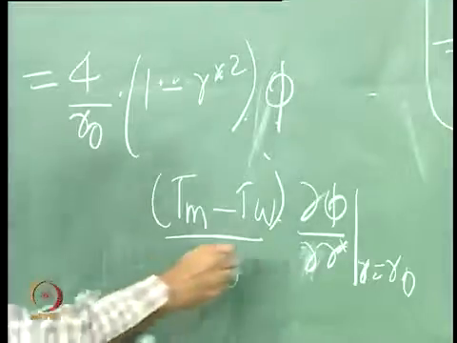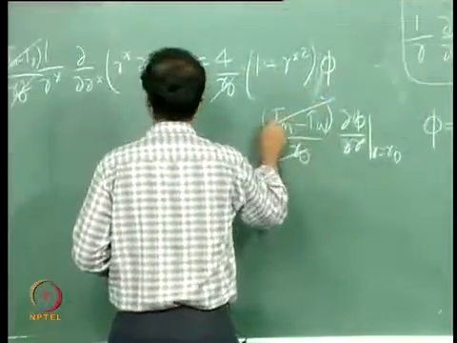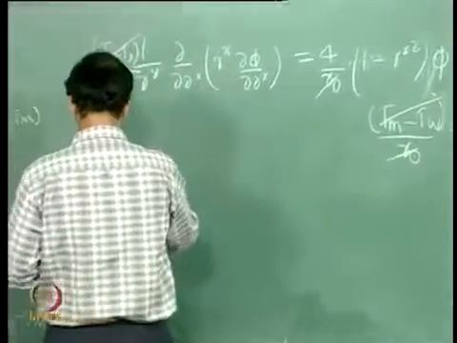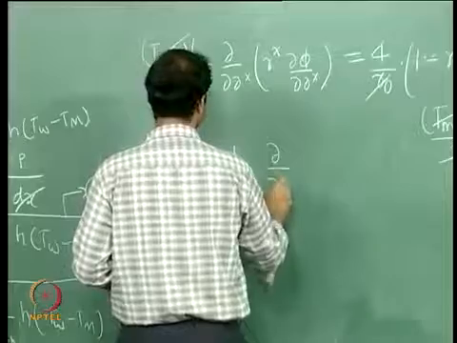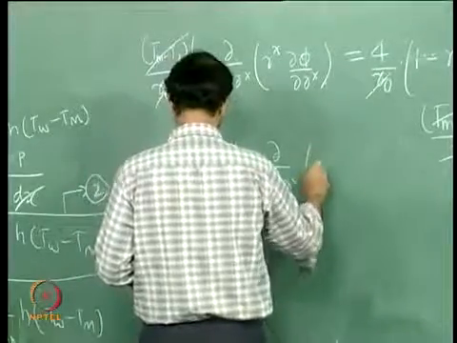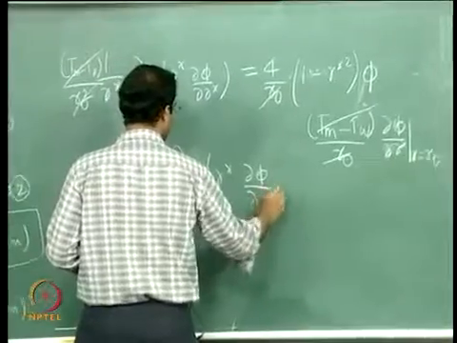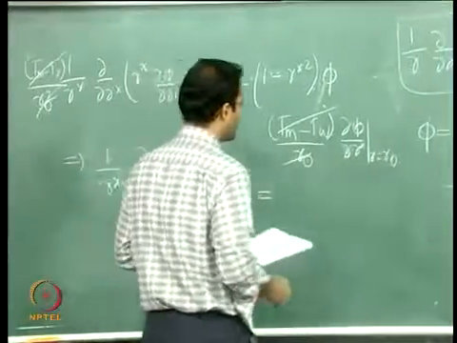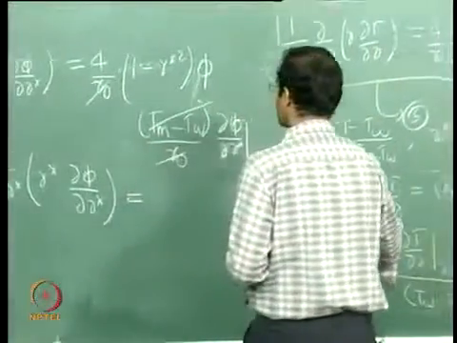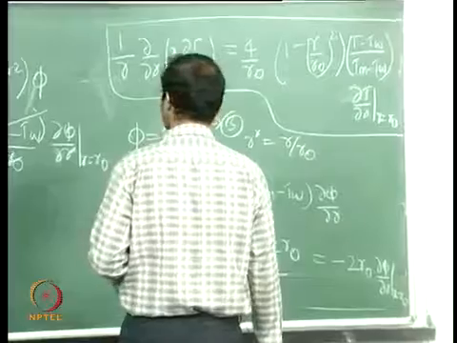So r naught square will cancel, Tm minus T wall cancels, and I am left with the final non-dimensional form: d by dr star of r star d phi by dr star, which is equal to, now that I have the expression for Nusselt number as minus 2 r naught into d phi by dr.